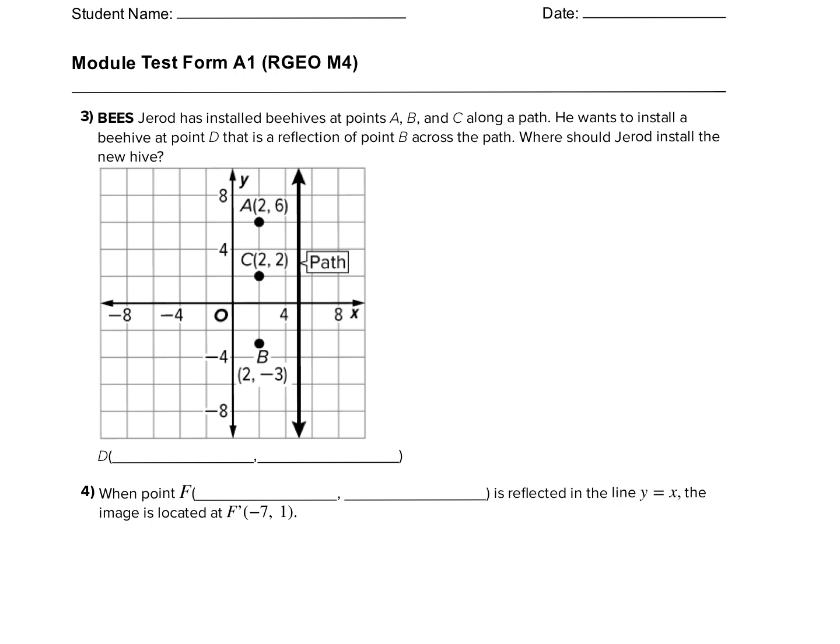Okay. Another reflection. We have Jared has installed beehives at point A, B, and C. He wants to install a beehive at point D. That is the reflection of point B across the path. Okay, well, the path is my vertical line here. And what we need to notice, okay, so this is at 2, this is at 4, this is at 6. So my line is actually at x equals positive 5.